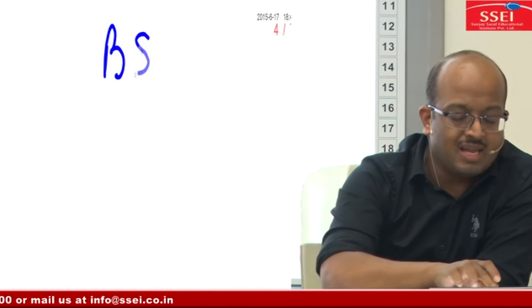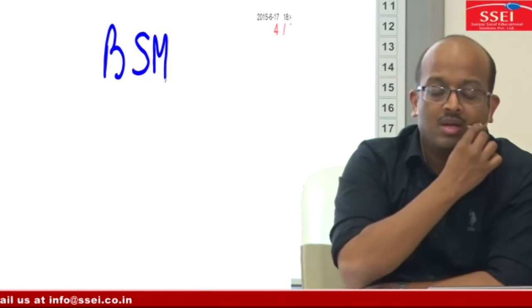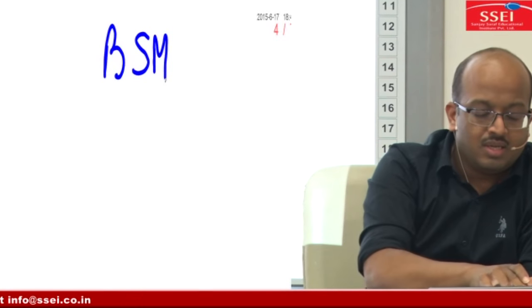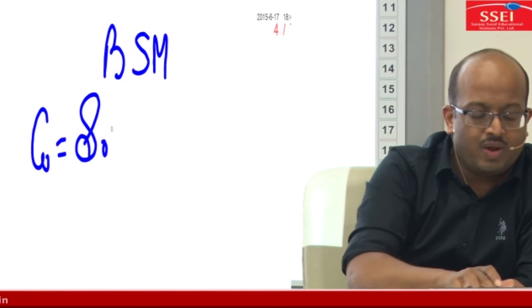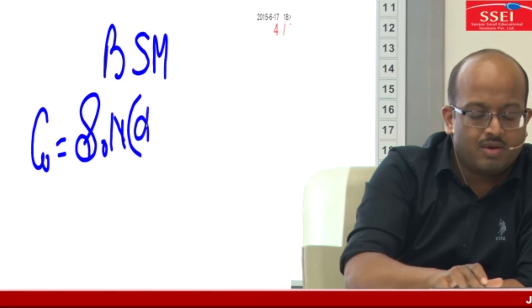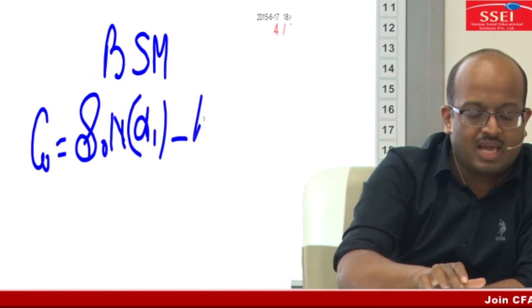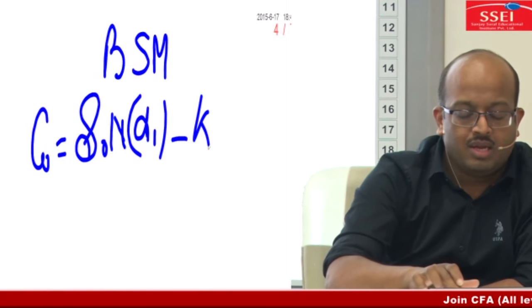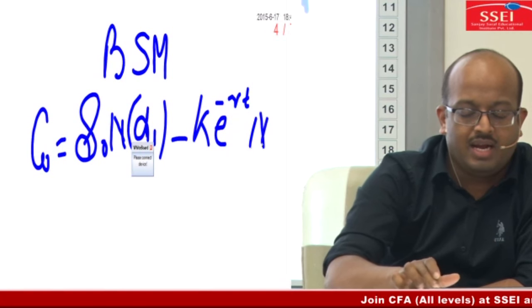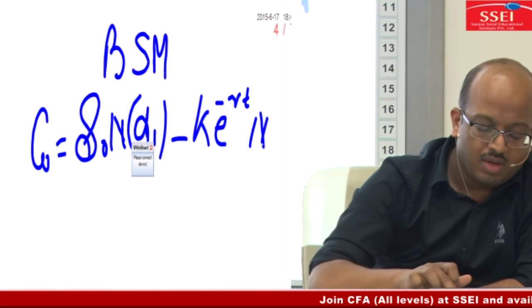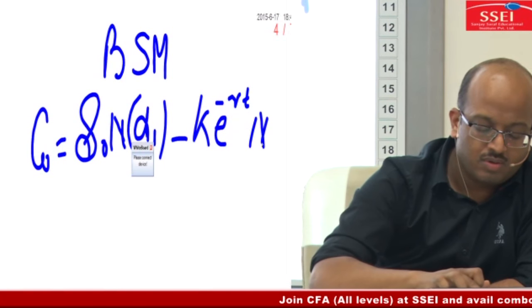Write down BSM, Black-Scholes model. The equation is C0 equal to S0 N(d1) minus K into e power minus RT N(d2).